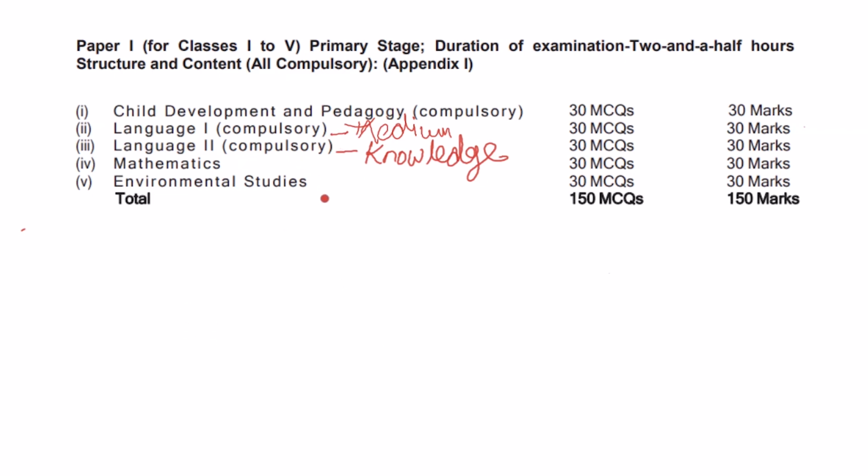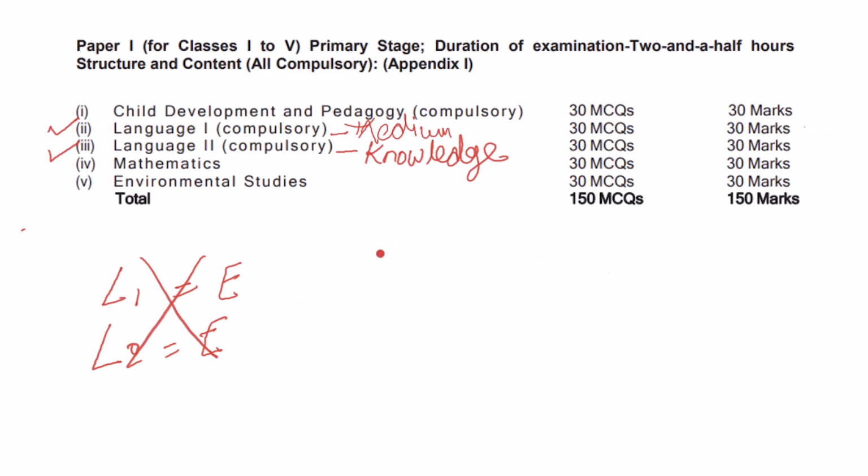So naturally the question comes, which language to choose for language 1 and which to choose for language 2. We have to remember that you cannot choose the same language for both language 1 and language 2. For example, if you are choosing English, you cannot choose English for both. This is not going to happen.